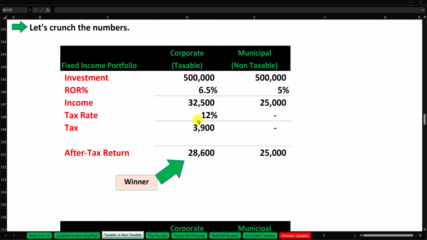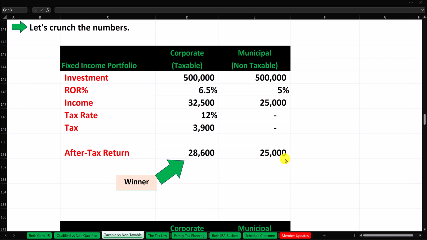Now for this example, let's assume we're in a low tax rate. Let's say the 12% tax rate. That would result in $3,900 of tax on this $32,500 of income. Of course, over here, this is a non-taxable item, so there's no tax rate and there's no tax applicable. So now when we take the $32,500 of interest income and we subtract off the $3,900 of associated tax, we get an after-tax return of $28,600.